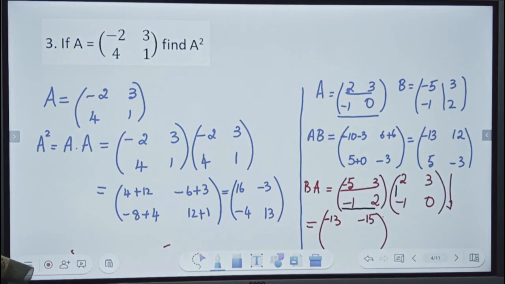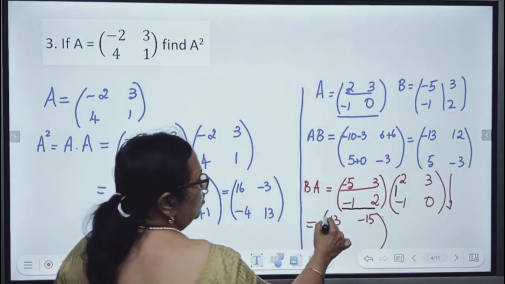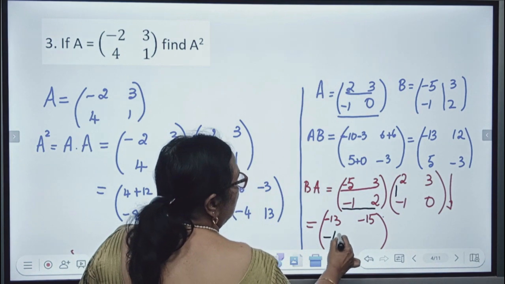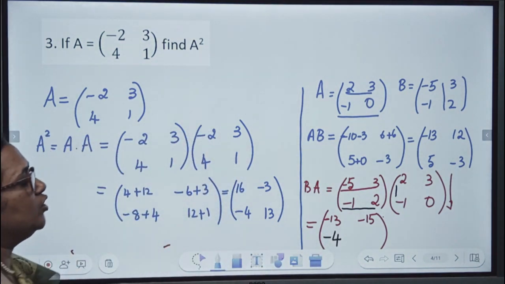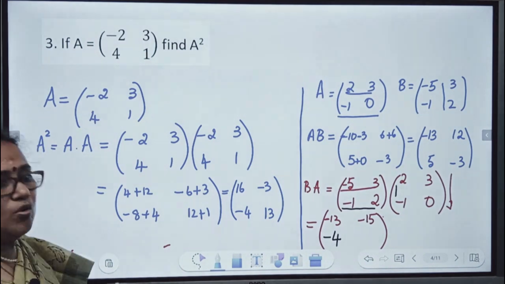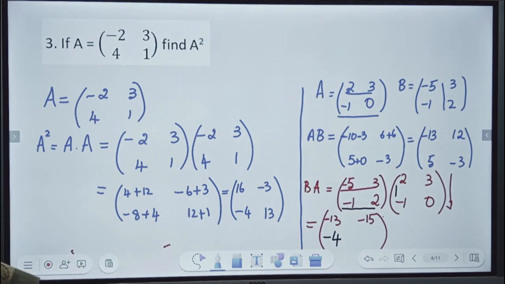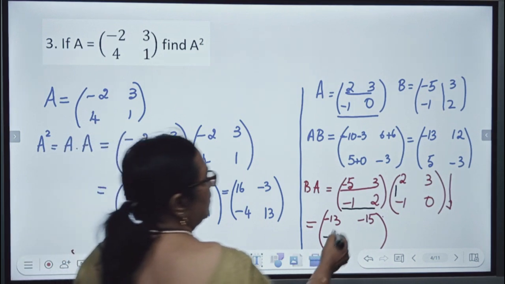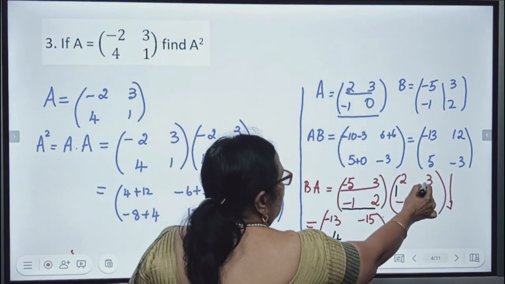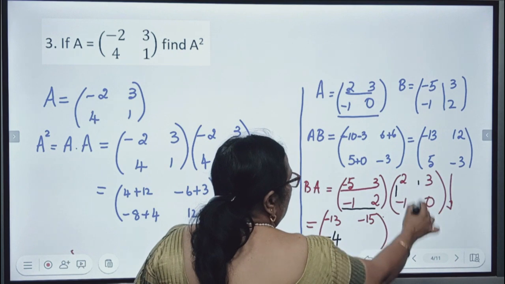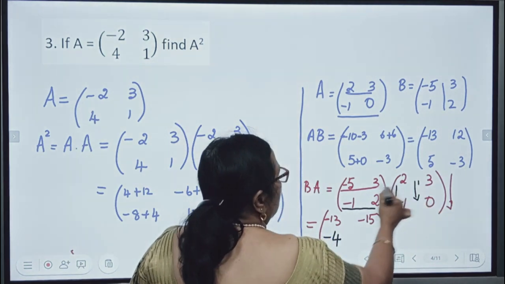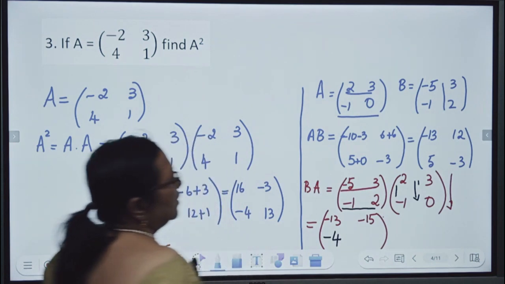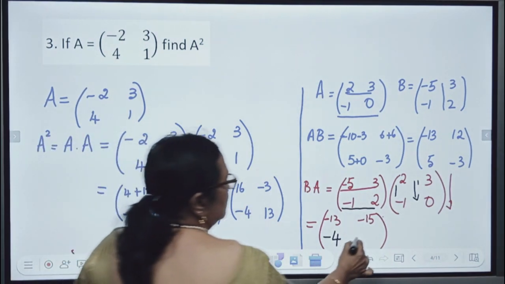So what is the product? Minus 1 into 2, minus 2, plus 2 into minus 1, minus 2. So that gives you minus 4. The next one will be second row, second column. Minus 1 into 3, minus 3 plus 0, which is minus 3.